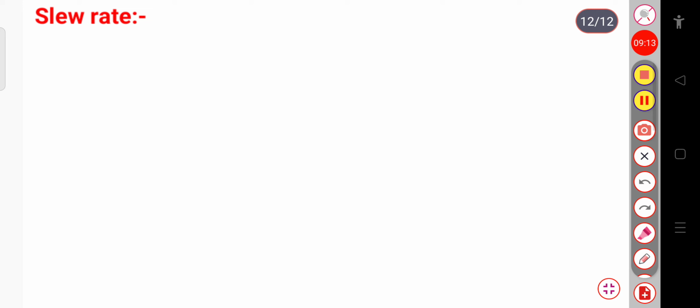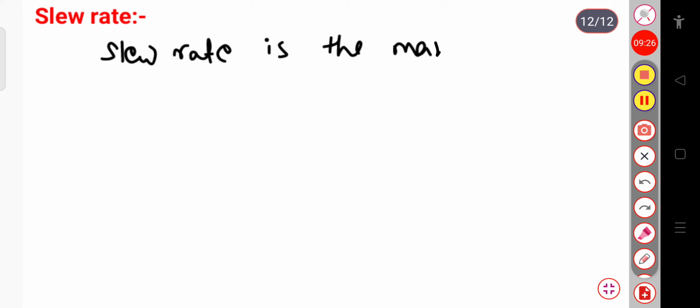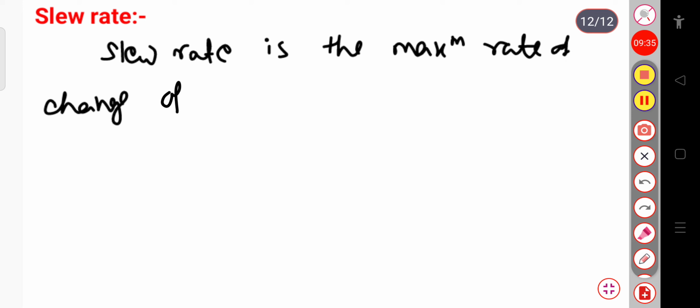Now we will discuss the slew rate. Slew rate is the maximum rate of change of output voltage per unit time.